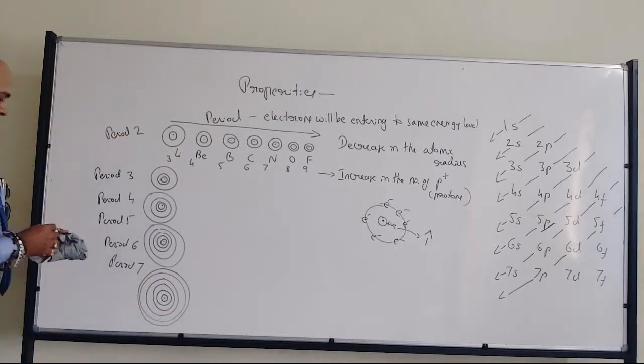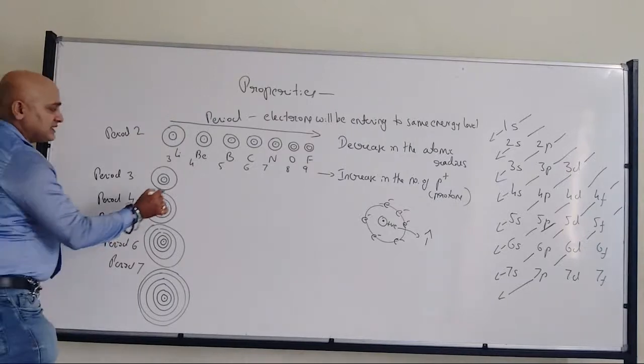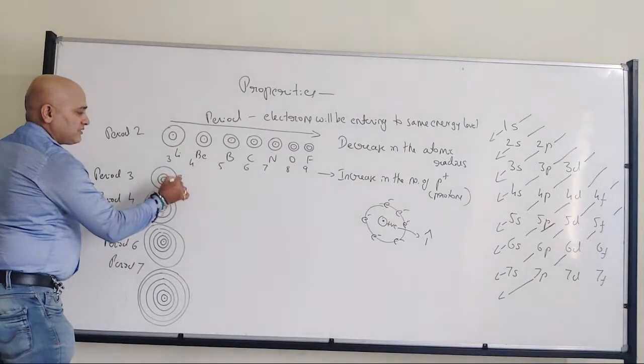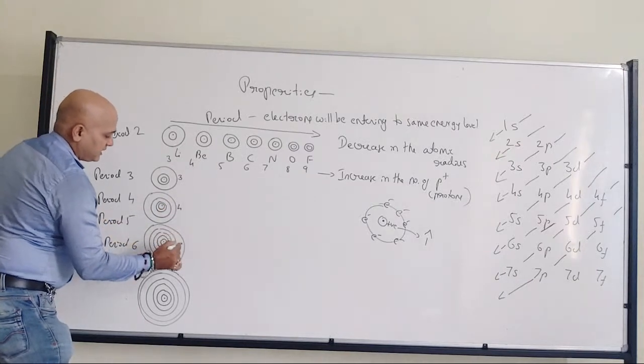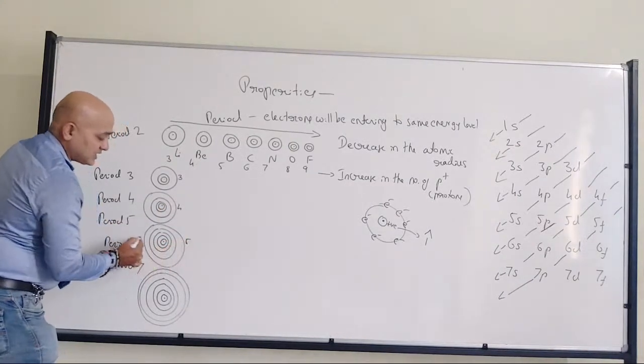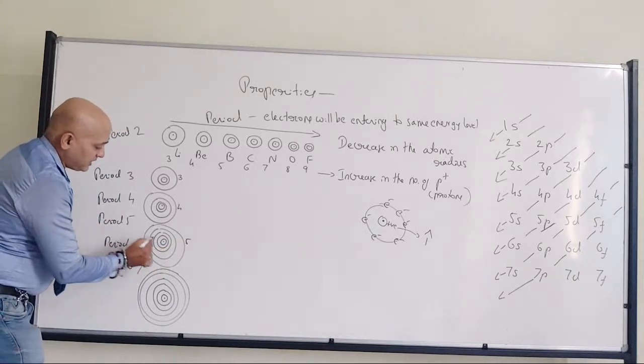So what I mean to tell you is, this is the outermost energy level, period number 3. Outermost energy level it is 4, therefore period number 4. Outermost energy level it is 5, therefore period number 5.